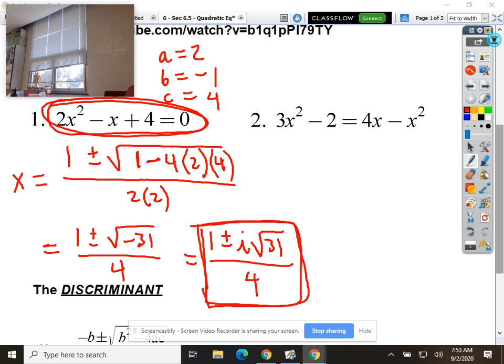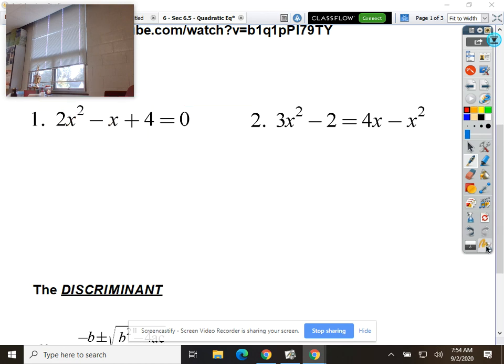Let's take one of them, 1 plus i root 31 over 4. That's one of the answers. You could plug it in for x here and x here, and theoretically, if you didn't make any algebra mistakes, you would get that to work out to equal 0. Now, we're not going to do that. We're going to trust that we used the formula correctly. So these 2 answers for number 1 were complex, not real.